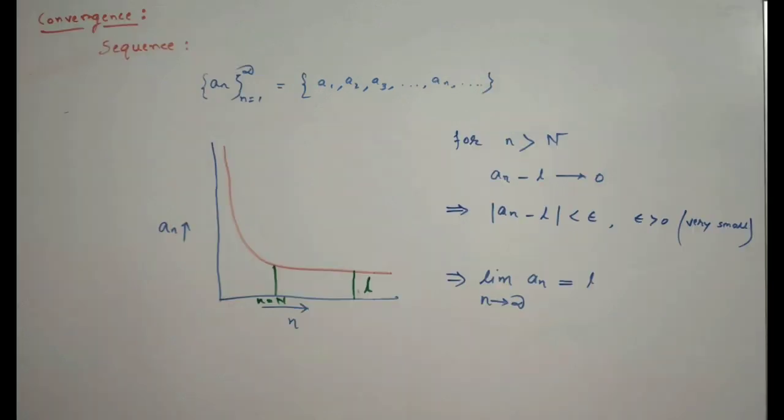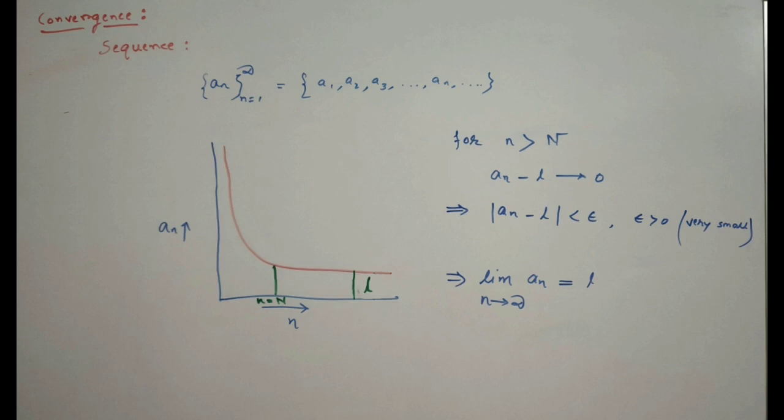Now to understand the definition of convergence by the graph, we can see that here we have n equals capital N. After this, an is equal to L. So our an converges to L. We can write that for n greater than capital N, an minus L converges to 0, or the distance between an and L is very small.